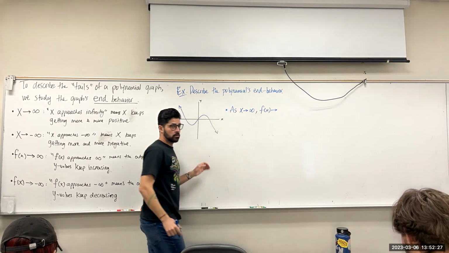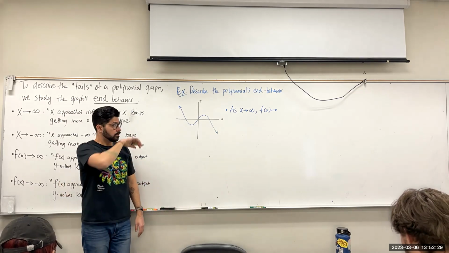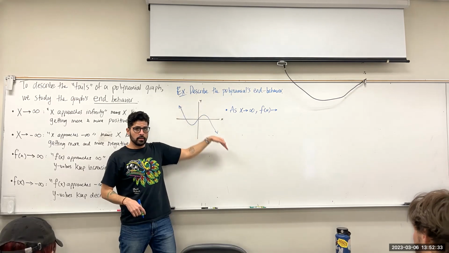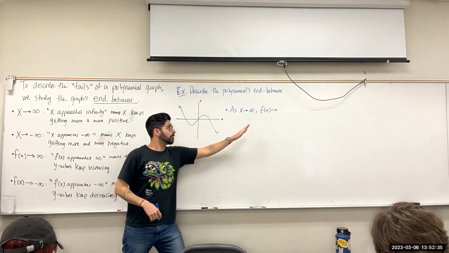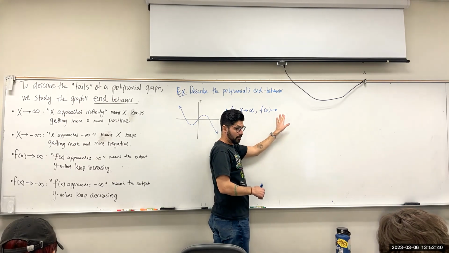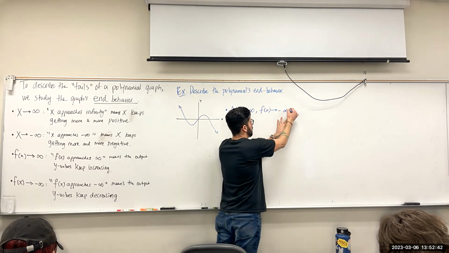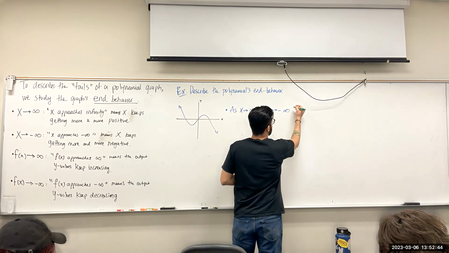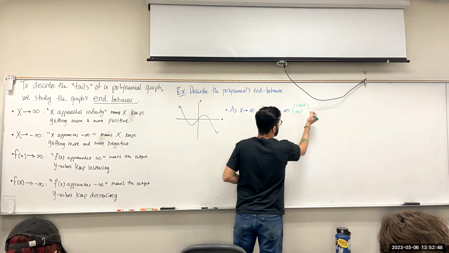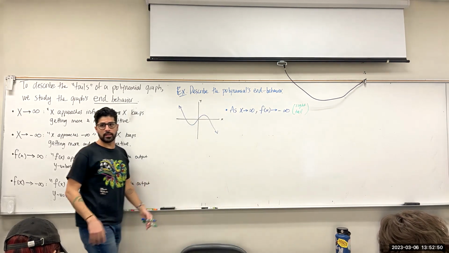What are they approaching? As x goes this way, the y values are going down. So f of x is approaching negative infinity. This is the right tail. That's you in math telling the reader what the right tail is doing.